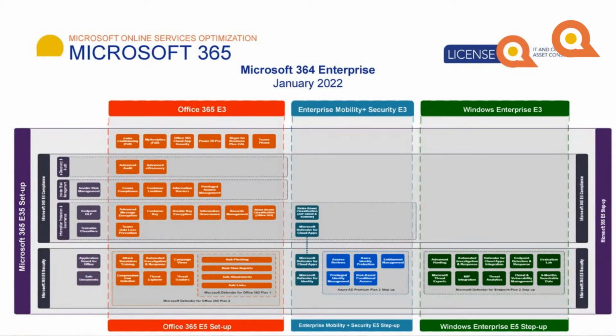And you will find that there's many different options to license your users, and a one size fits all definitely isn't the way to go in the Microsoft cloud for Microsoft 365.